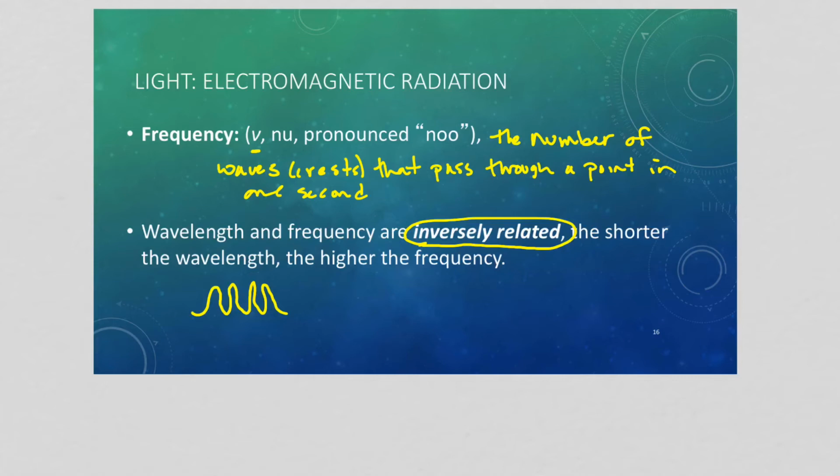Whereas if I have a wave that has a longer wavelength, we're going to see fewer crests pass by in that same second. So when I have a low wavelength, I get a higher frequency. If I have a longer wavelength, I would get a lower frequency. So that's the inverse relationship that we're talking about here.